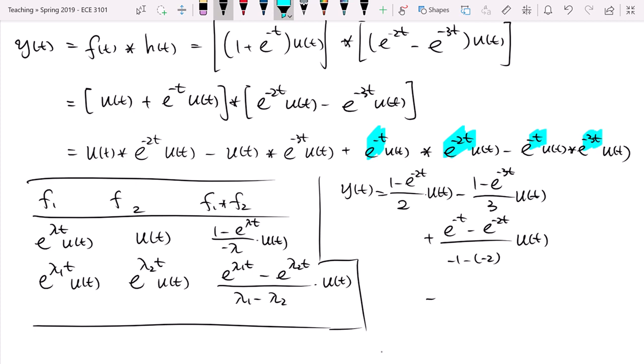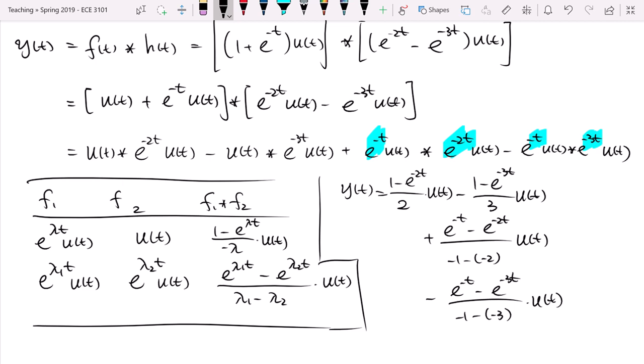Then plus, right? Now you have lambda 1t, lambda 2t being the two lambdas. So minus 1 minus negative 2, e to the negative t. Negative 1, negative 3.